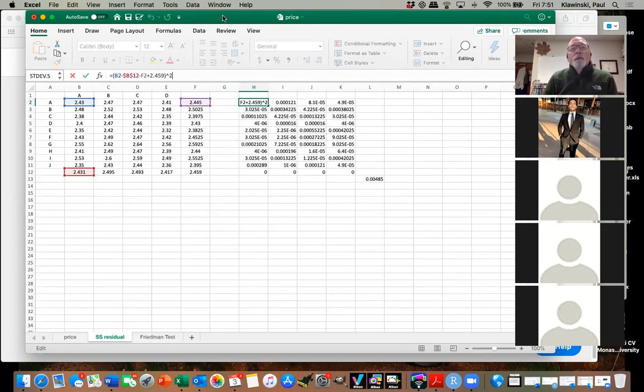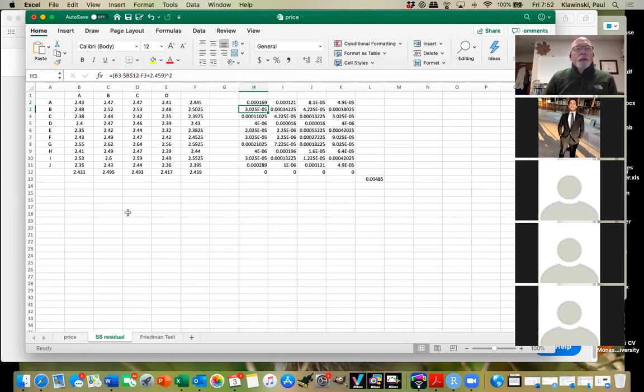So in the price data set, you need to look carefully, click in the formula bar of that second sheet that is entitled sum of squares residual. On any of these, it's always going to be the value minus the column mean minus the row mean plus the grand mean, and then that value gets squared.